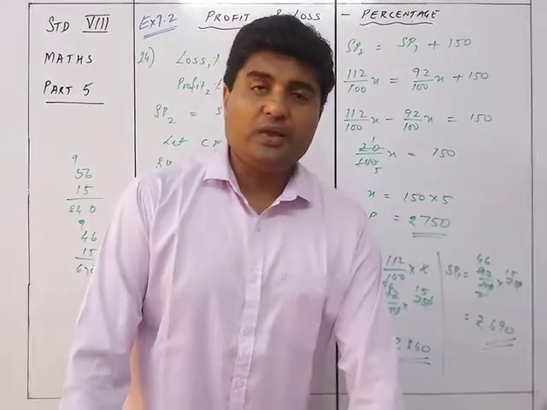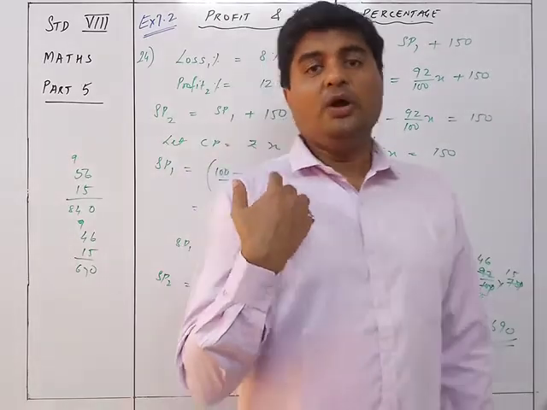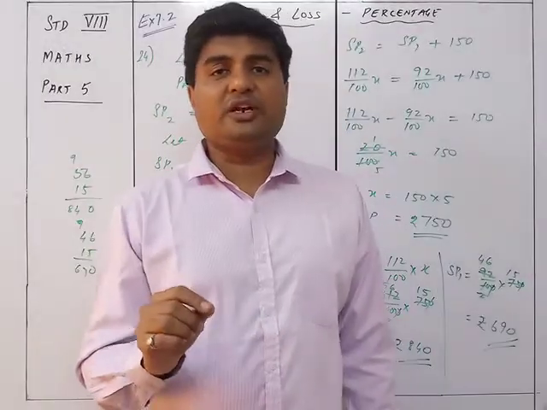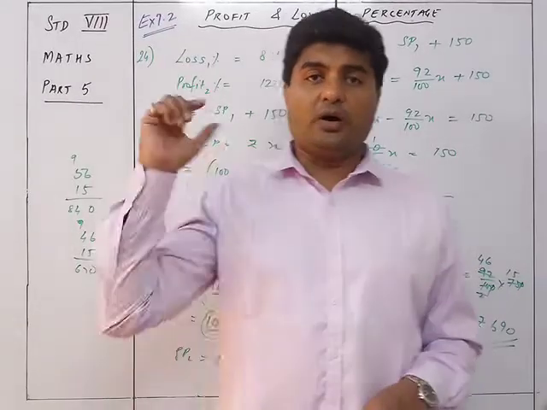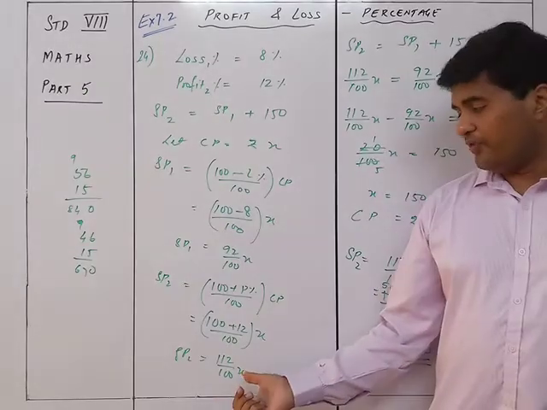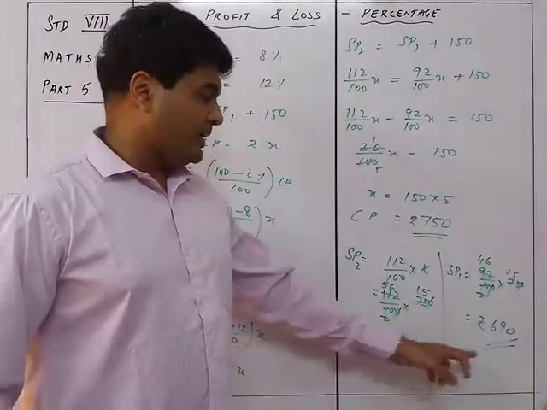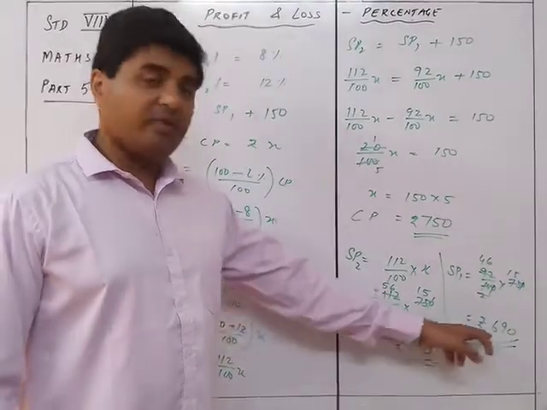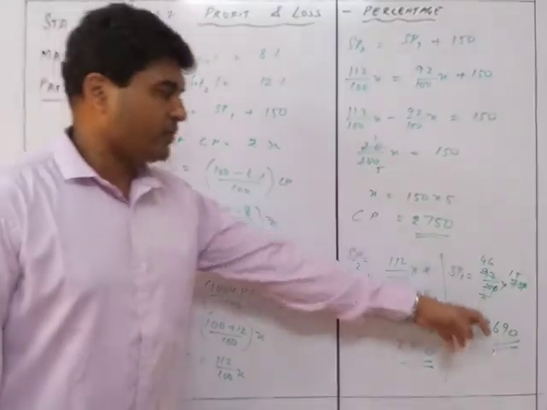But actually you can get confused about this part. So ideally what I would suggest is, if it is not clearly mentioned in the sum which selling price we are talking about, whether it was the earlier price or the later price, whether it is after adding 150 to it or not. One more easier method is to add or subtract 150, and you will get 690 too, because the difference is given, so no need for calculations.